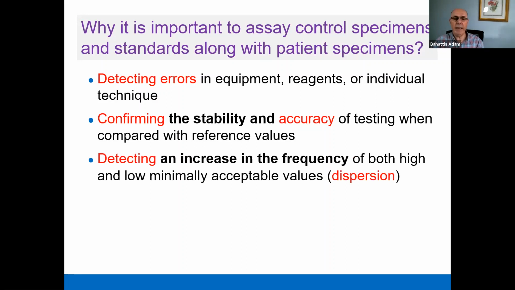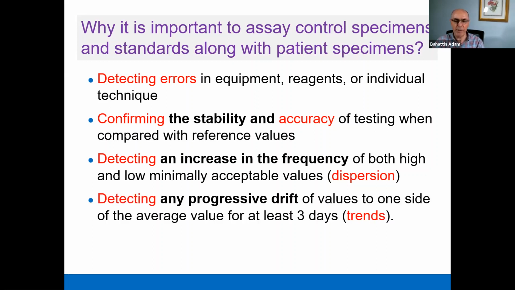Okay, detecting an increase in the frequency of both high and low minimally acceptable values, which we call dispersion, also needs you to assay control specimens and standards along with the patient specimens.